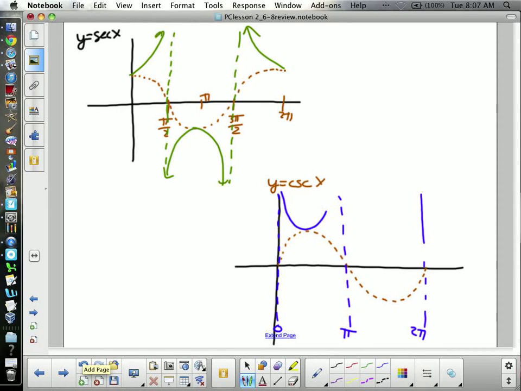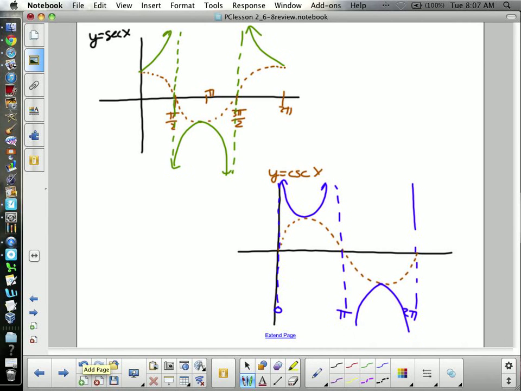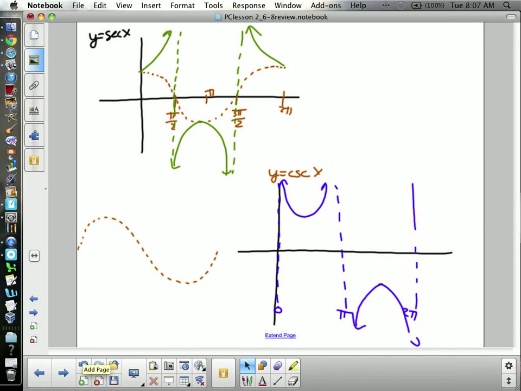And it just comes and kisses the graph there. We can get rid of that. There's my y equals cosecant x. So again, I really don't memorize the cosecant and secant graphs. I memorize the sine and the cosine graphs. I never directly graph secant and cosecant. I always graph sine or cosine first, and then my secant or cosecant in there.